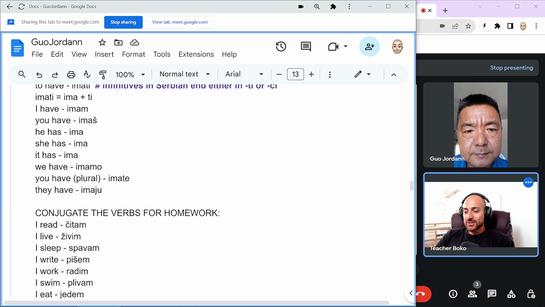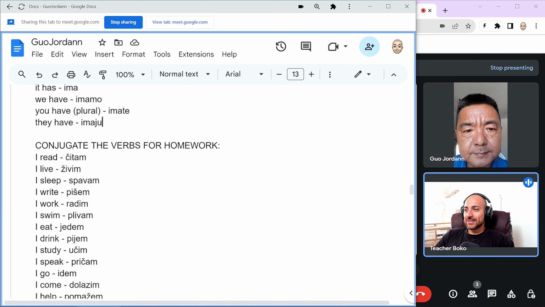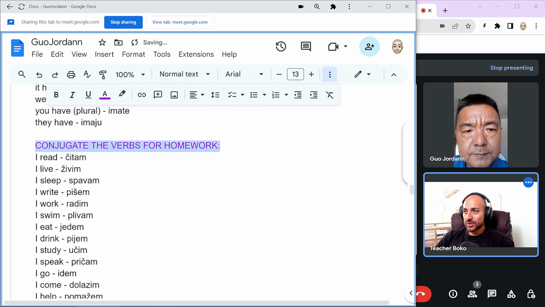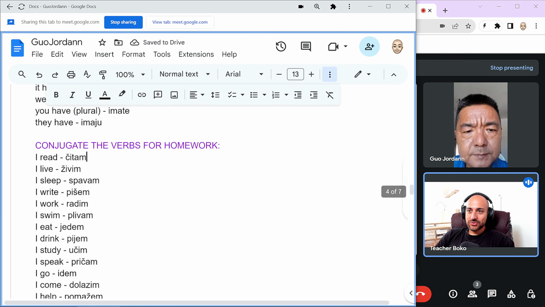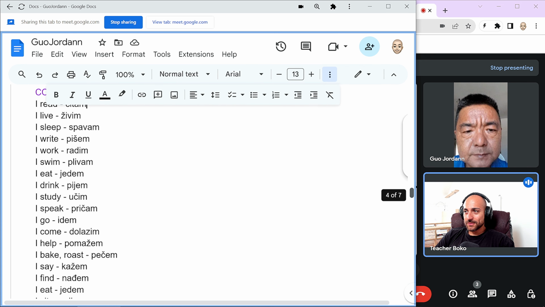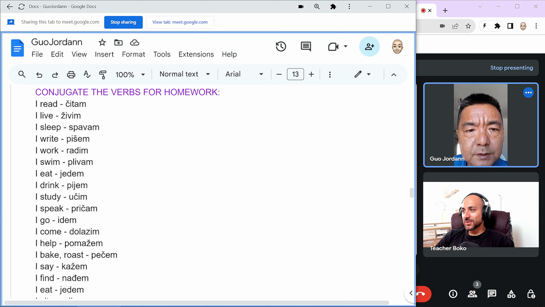And also, for homework, I put this list of verbs that you can conjugate. But today we can just read these words, maybe. Let's try.